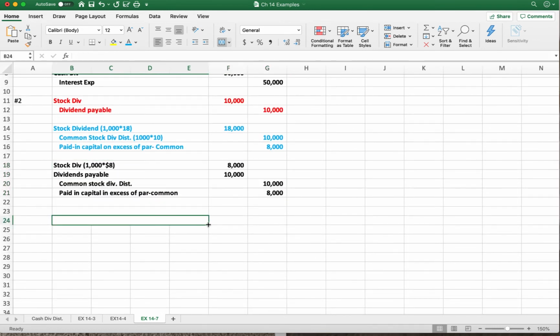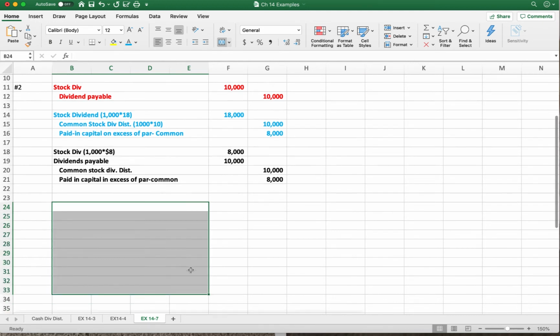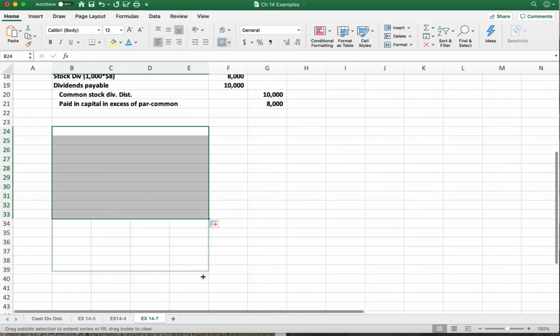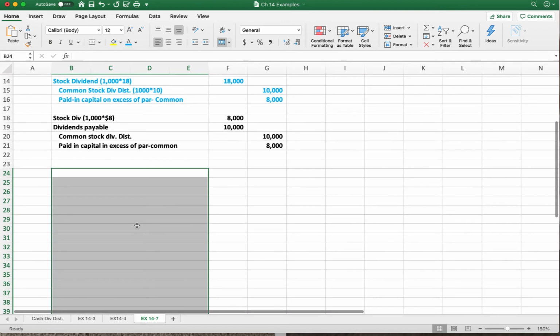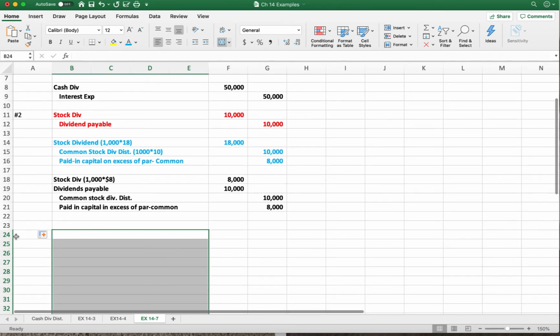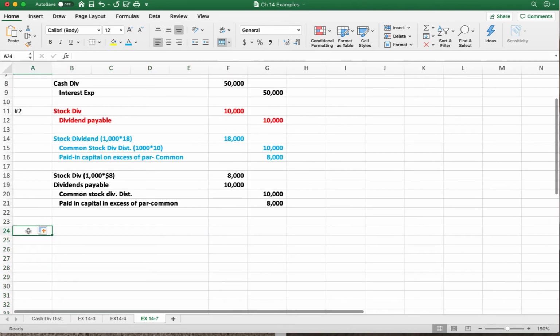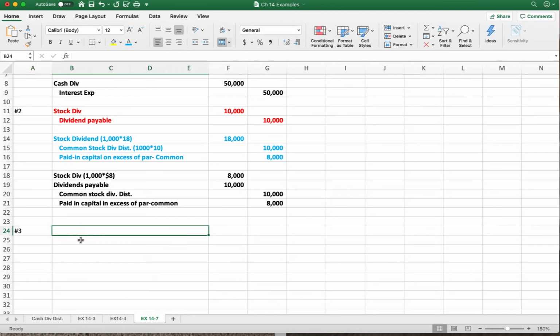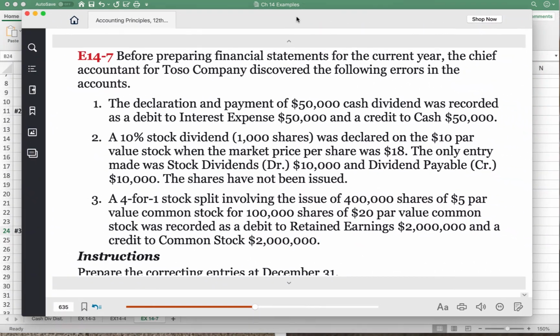So let's look at number 3. And bear with me here. I just want to make some more room for us. Number 3. All right. We had a 4-for-1 stock split. And you know what? Let me just do this. Makes it easier for us. We can read it together.